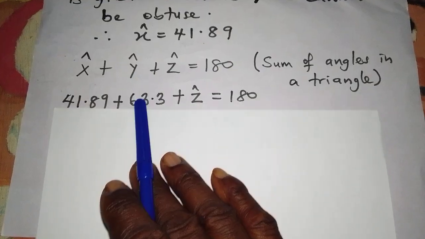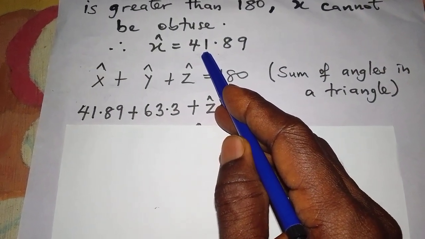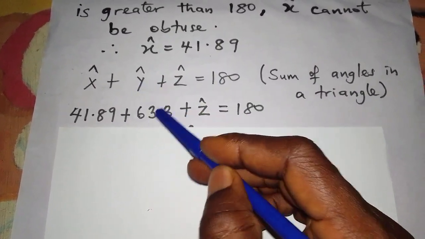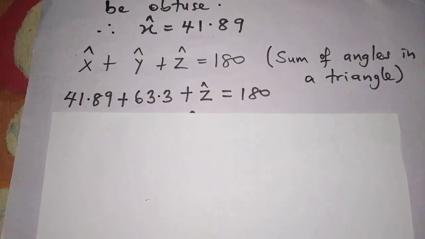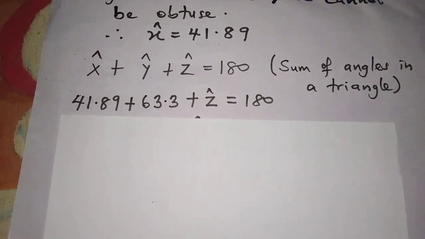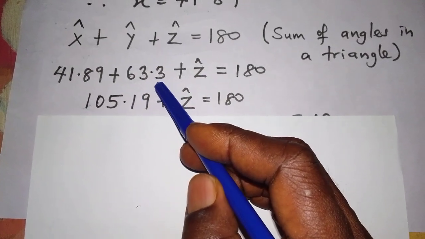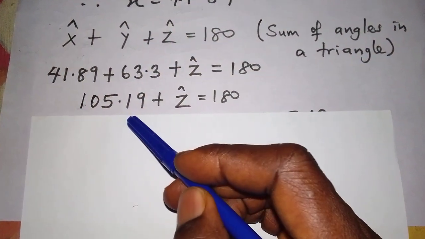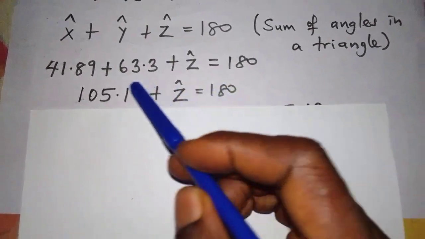So angle X, which you've calculated to be 41.89, plus angle Y, which is 63.3, plus angle Z that we are looking for should be equal to 180. 41.89 plus 63.3 will give you 105.19, plus angle Z is equal to 180.